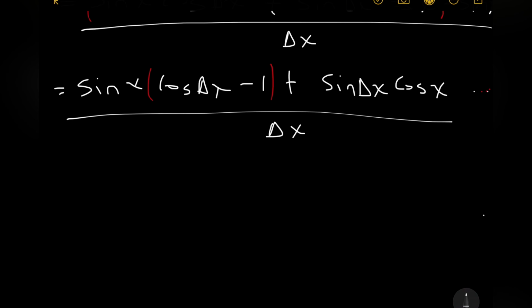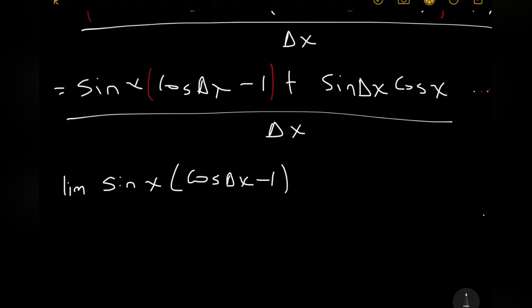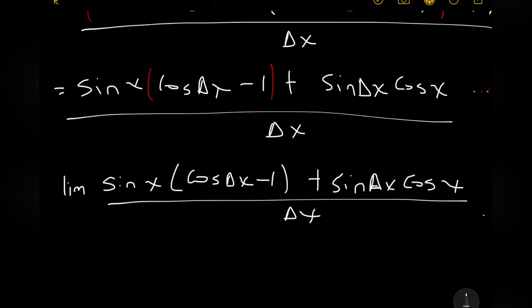So the limit of sine x times cos delta x minus 1, plus sine delta x cos x, over delta x, as delta x approaches 0.